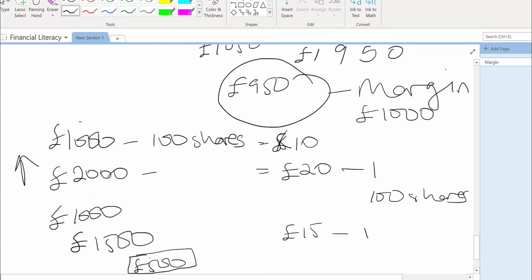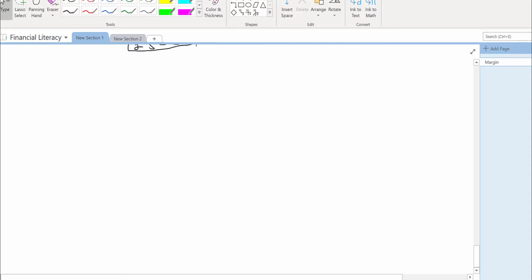Now, let's look at a scenario when the share price goes down. If, for example, your shares drop from £10 to, let's say, £7.50. So one share is now worth £7.50.